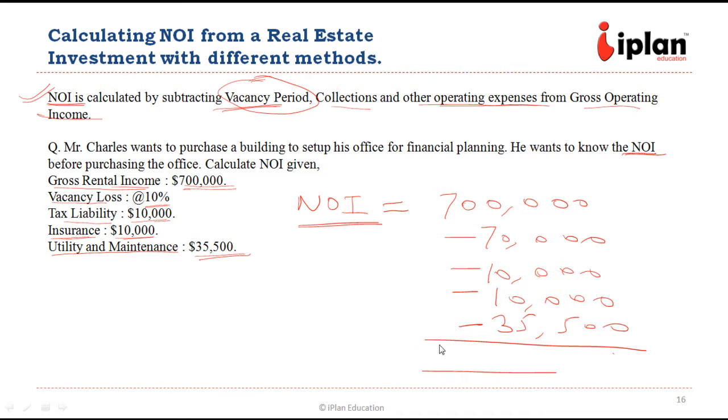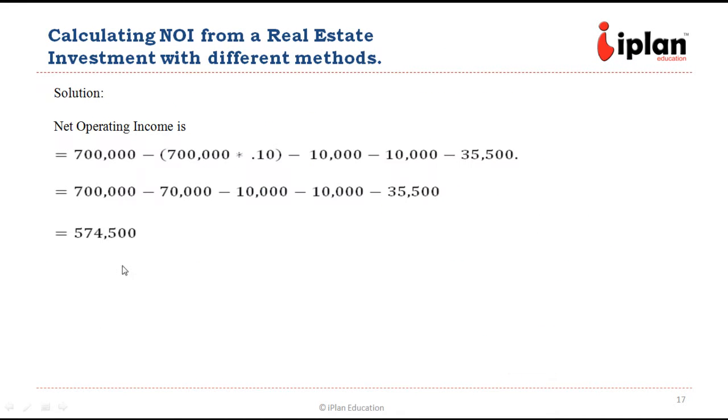If we calculate, we get $574,500. So this is annual net operating income. So every year this is the net operating income from this building. This was a calculation. We get $574,500. This is net operating income.